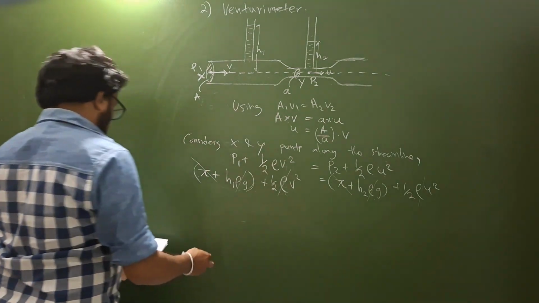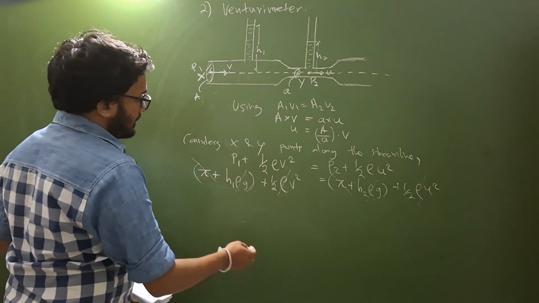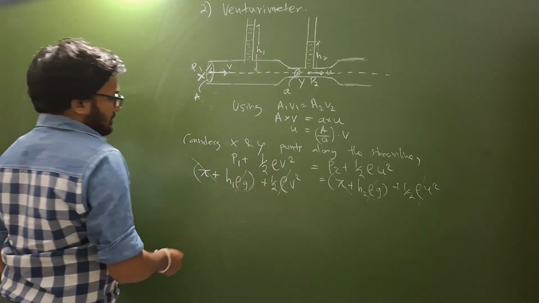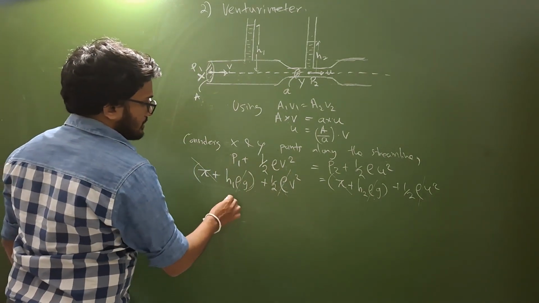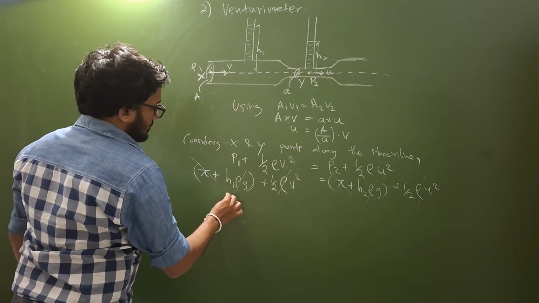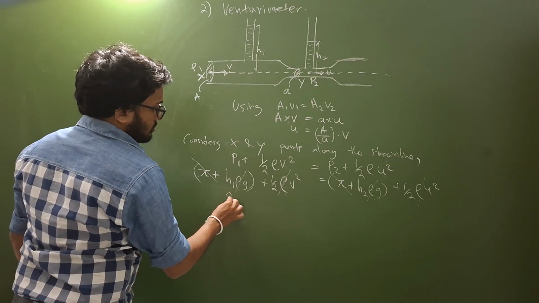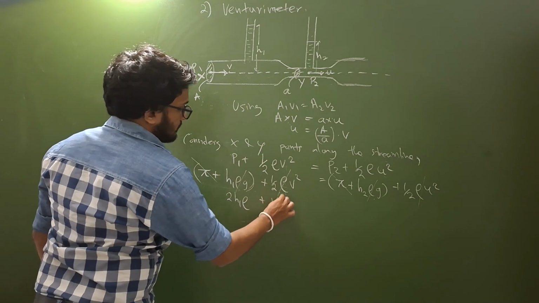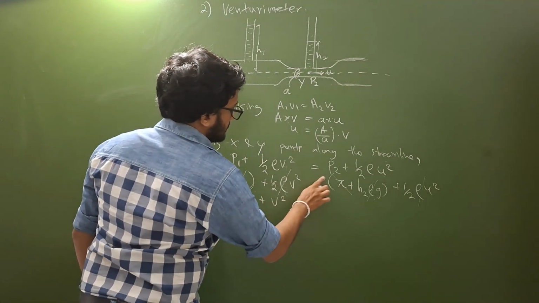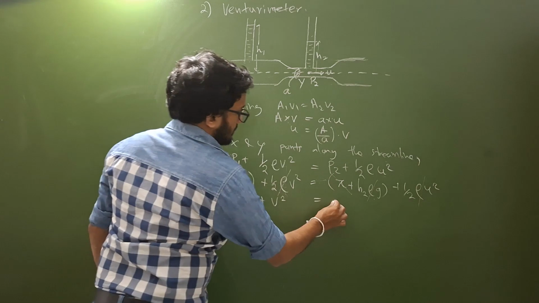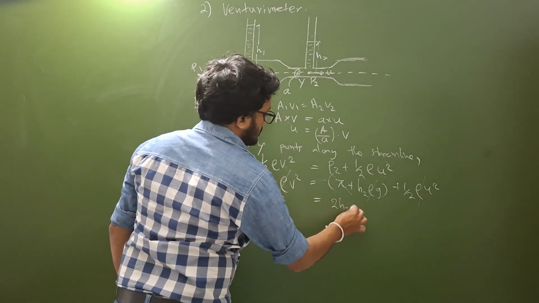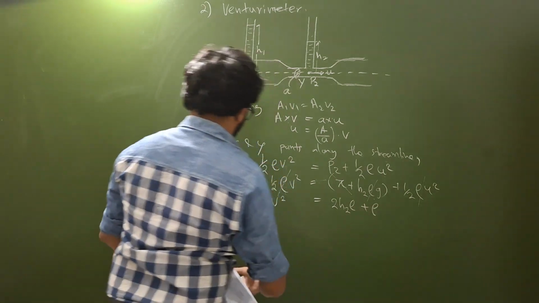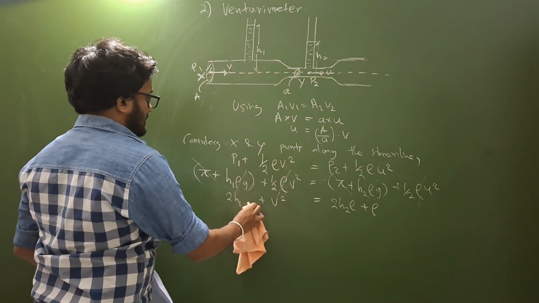Then after that we get, let me multiply everything by 2. So here I'm getting 2 H1 G plus V squared equal to 2 H2 G plus U squared.